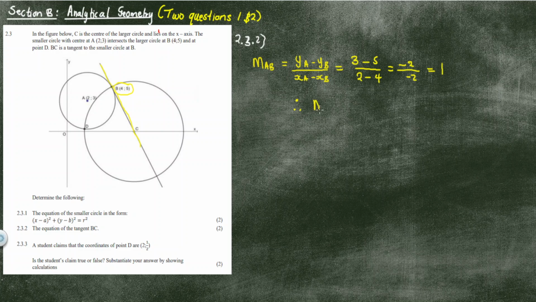Therefore, the gradient of AB, which is the radius, multiplied by the gradient of the tangent, BC, is equal to minus 1. Therefore gradient BC is equal to minus 1 over 1, so the BC value is minus 1.